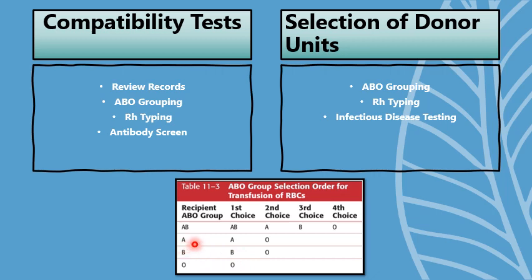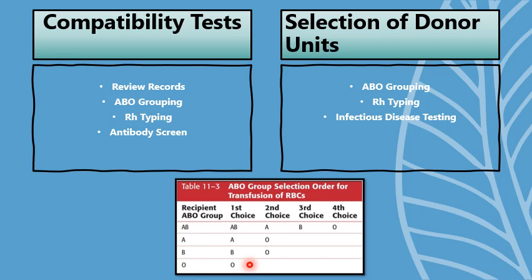Next, if the patient or recipient is A, the first choice should be A, and the second choice is O. If the patient is B, your first choice should be B, and then your second choice is O. And lastly, if O, yung patient natin, O lang yung pwedeng i-donate sa kanya.